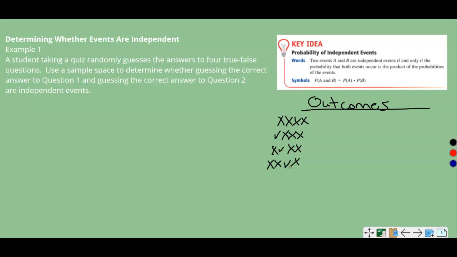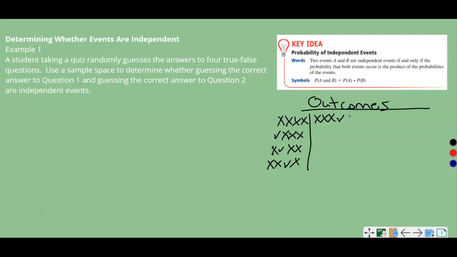And then let's say we missed the first 3 and we get the last one correct. So we started with all incorrect, and then I just moved the check mark over one space each time to make sure that I didn't miss any with only one correct answer.